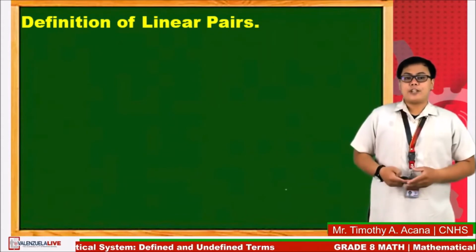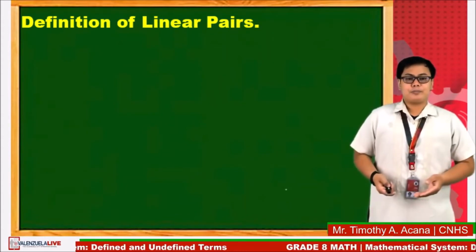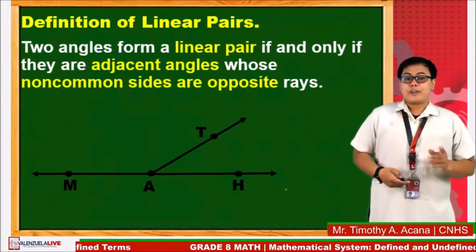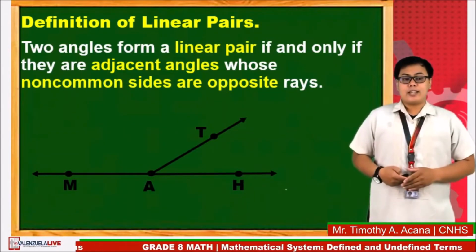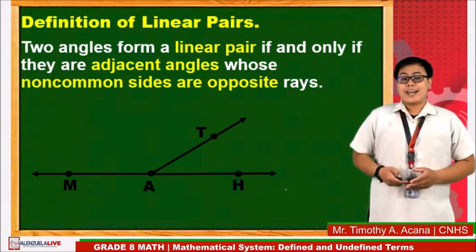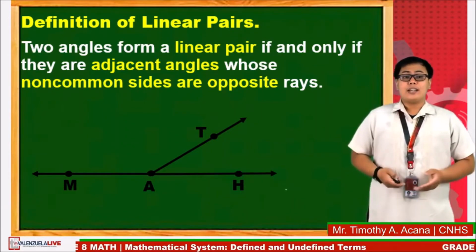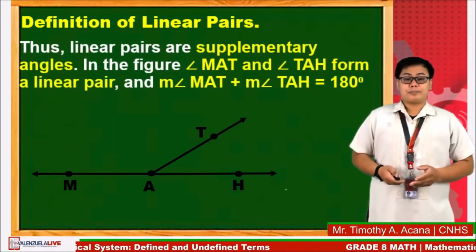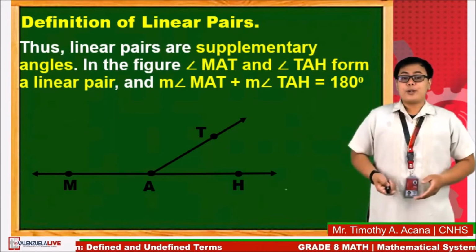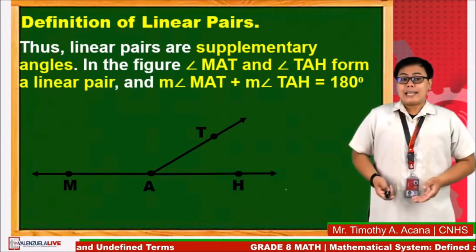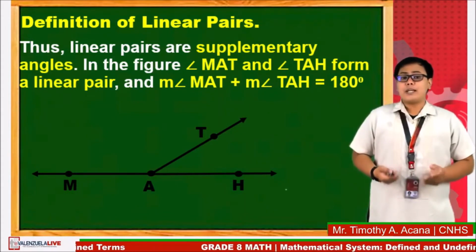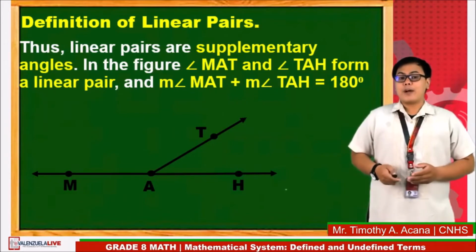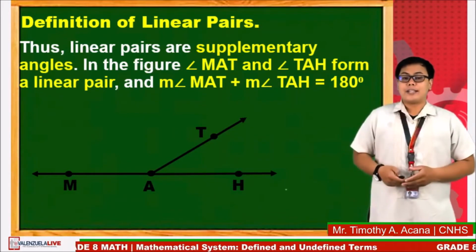Next is the definition of linear pairs. Two angles form a linear pair if and only if they are adjacent angles, whose non-common sides are opposite rays. Thus, linear pairs are supplementary angles. In the figure, angle MAT and angle EAH form a linear pair, and measure of angle MAT plus measure of angle EAH is equal to 180 degrees.